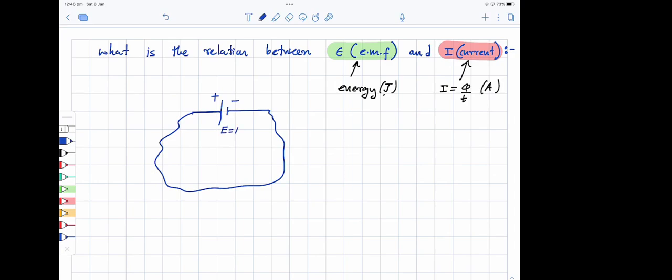Suppose E is 10 joules, or we call it volt, V. The volt is another unit for energy. 10 volts. In an AA battery you will see 0.5 volt, 1 volt, 2 volt, 3 volt, 5 volt, like that. So this energy is 10 volts. What is the meaning of this energy? Energy inside the battery.